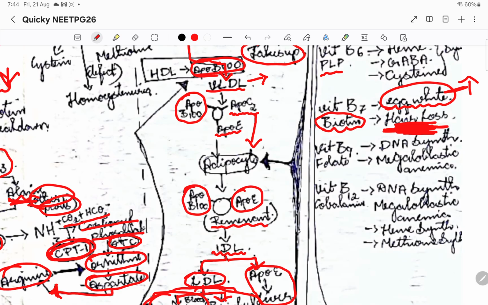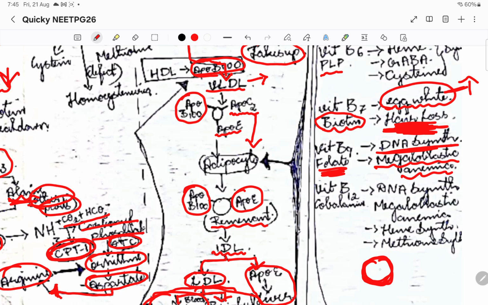Okay, then when it comes to B9, folate, remember folate, folic acid that we give in pregnancy. So why do we give it? For DNA synthesis. B9 is very much important for DNA synthesis. If there is defective DNA synthesis, it might lead to megaloblastic anemia, because RBC has certain coding and all.